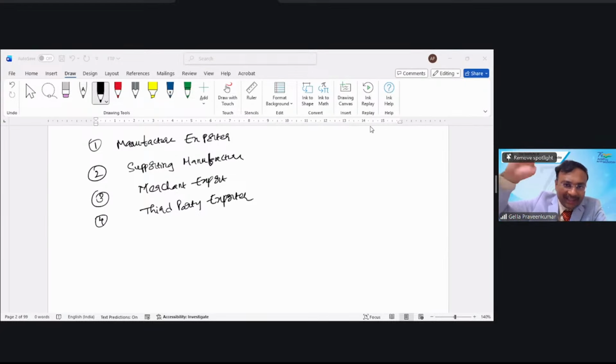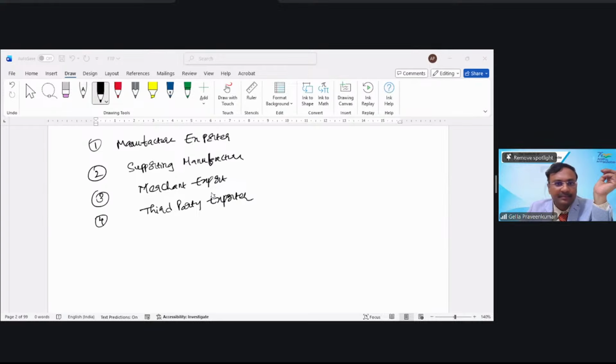Merchant export is like a trading activity. Whatever goods are manufactured by, say, Swami and Ayush, he picks from those two factories. He brings them together at his location or directly to the port. From the port, it goes out of India, which is called a merchant exporter. Third-party exporter is a combination of your 1, 2, and 4, where there is a mutual dependency. This is what you need to remember about these people, how they operate.